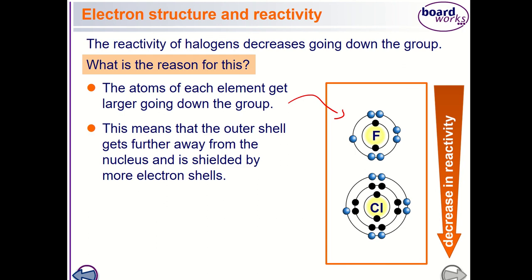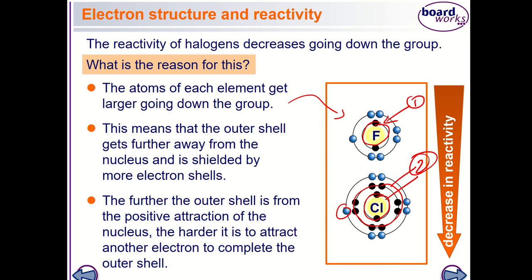And that means that the outer shell electron gets further away from the nucleus and is more shielded from the nucleus. Now when I talk about shielding, what I mean is the amount of electron shells between the nucleus and the outer electron. So in fluorine there's just one shielding shell, whereas in chlorine there are 2 shielding shells.